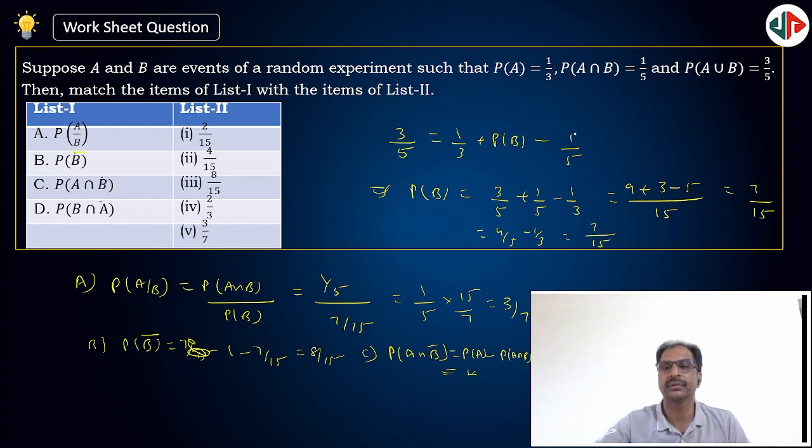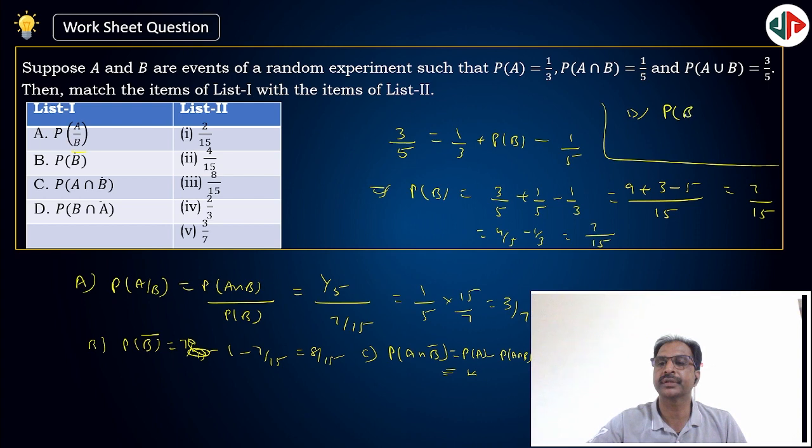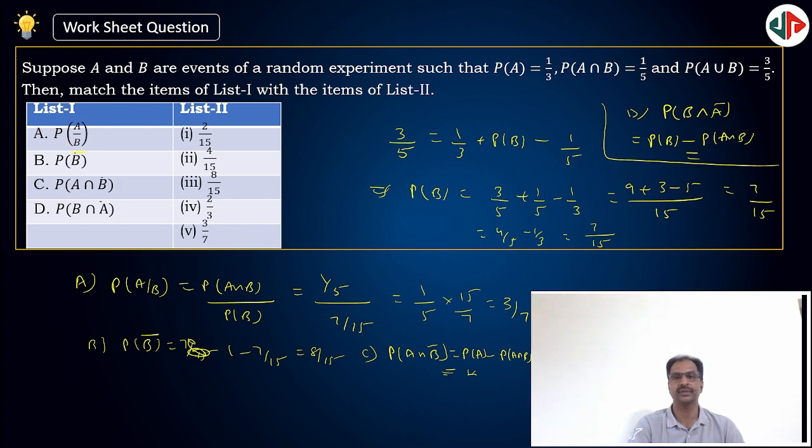And the last one, D, P of B intersection A bar, is nothing but P of B minus P of A intersection B. Substitute the values and simplify it accordingly. Match this one with these two.